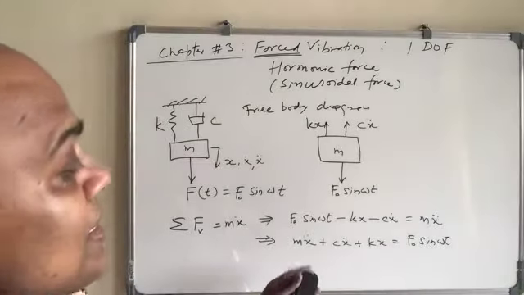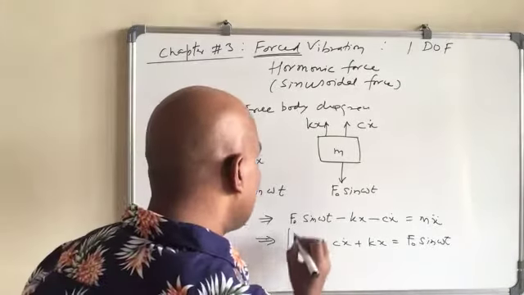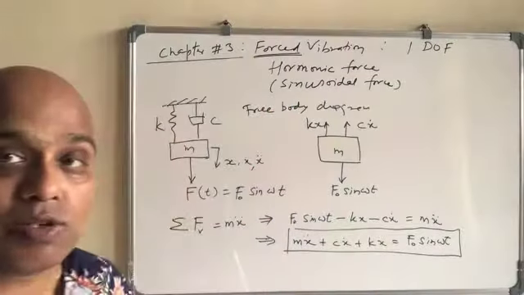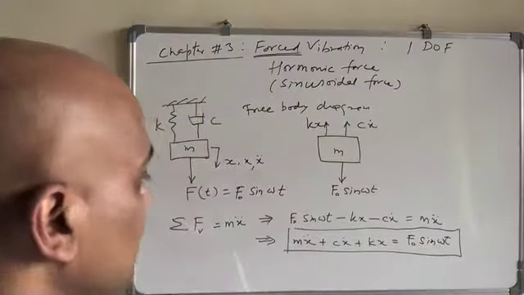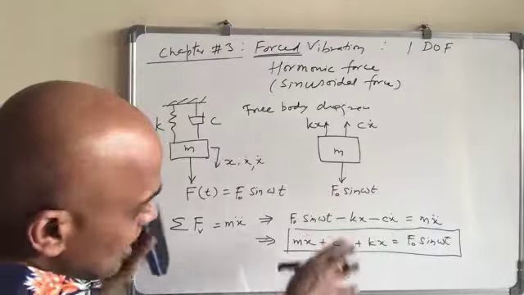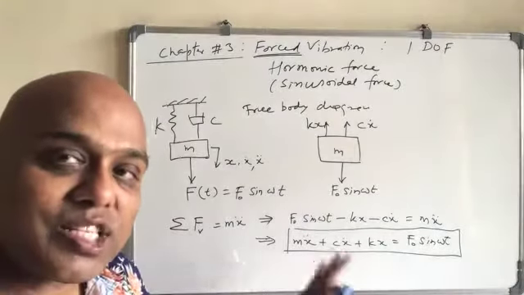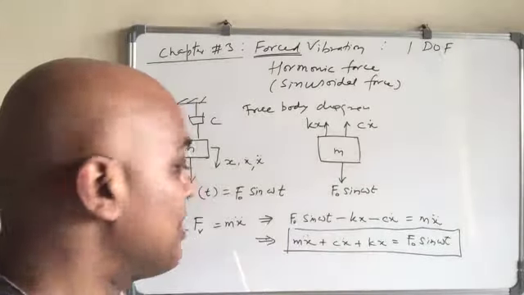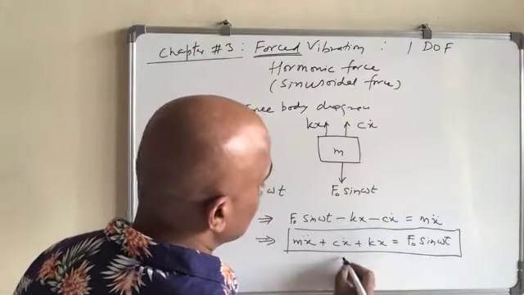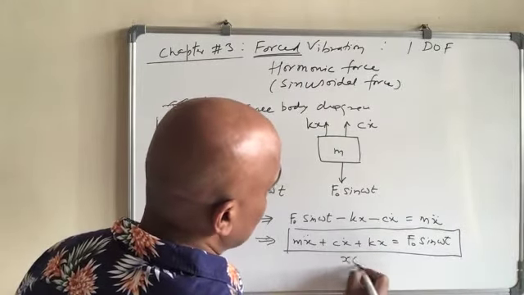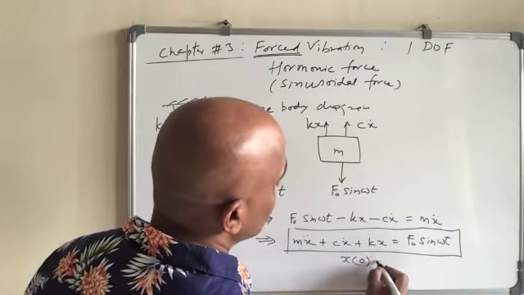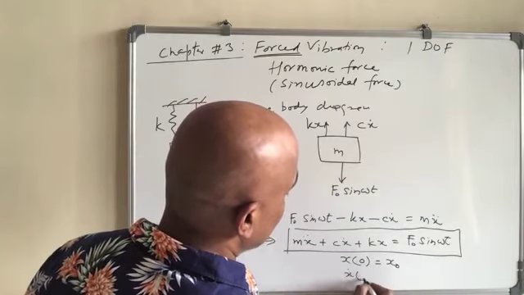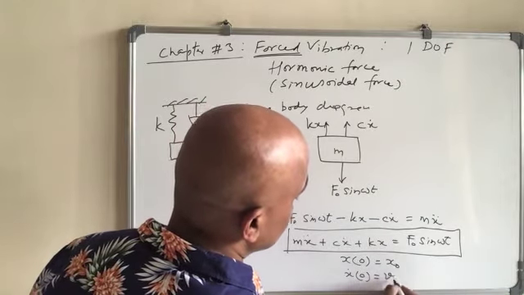So this is the differential equation, and we need to solve it. Of course, along with this we will also have some initial conditions, because it's an initial value problem, like x at t equal to 0 is x naught, and x dot at t equal to 0 is v naught.